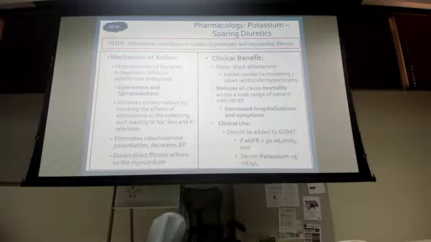Your ACE, ARB, or ARNI, whichever one of those 3 you choose out of the A bucket, then your beta blocker from the B bucket, and your SGLT-2 inhibitor, which is another D, and then your MRA completes those 4 pillars of GDMT, right? Guideline directed medical therapy. That's 4 pillars.